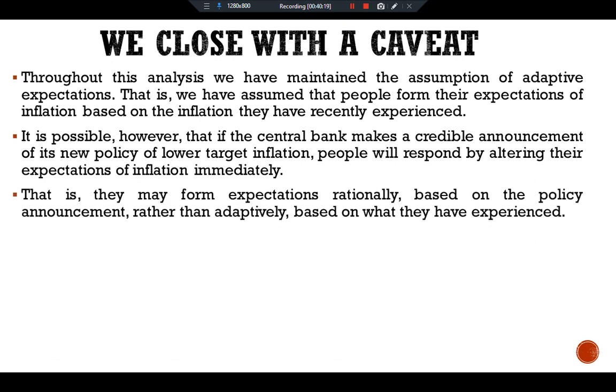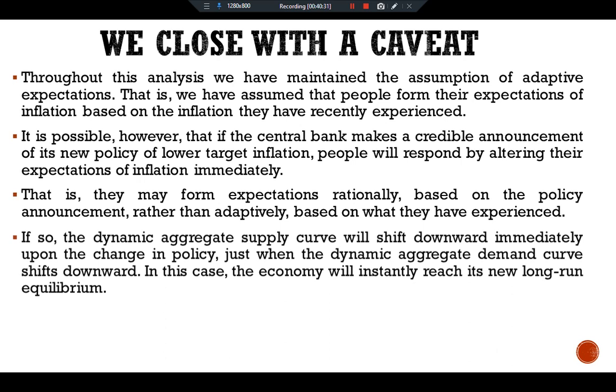That is, they may form expectations rationally based on the policy announcement rather than adaptively based on what they have experienced. Okay, if so, the dynamic aggregate supply curve will shift downward immediately upon the change in policy, just when the dynamic aggregate demand curve shifts downward.